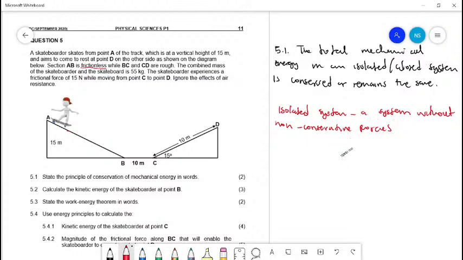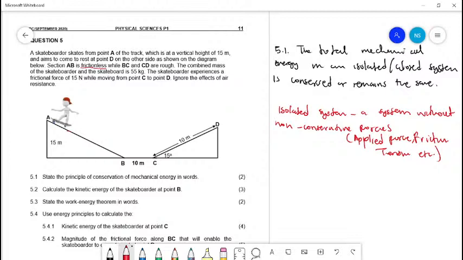So a system that does not have non-conservative forces, that system is isolated or closed, right? So what are your non-conservative forces? They are the likes of applied force, friction, your tensions, etc. So if a system does not have an applied force, friction force, or tension, it means that system is what?